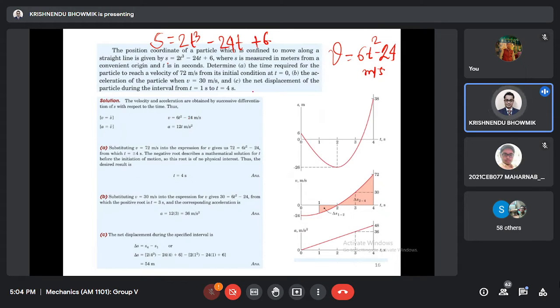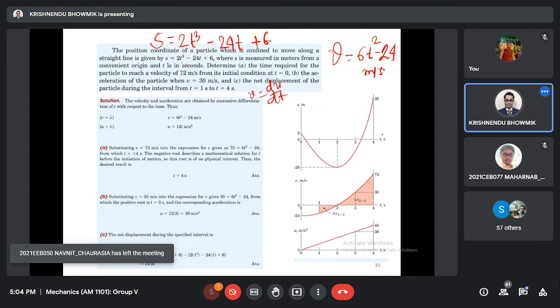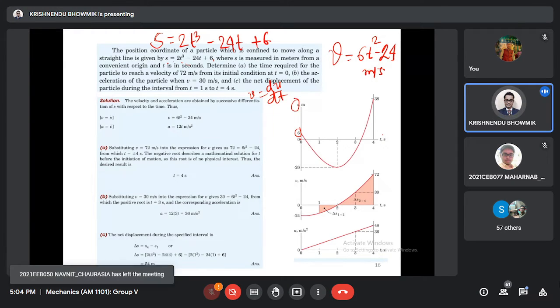Somebody can get v as ds by dt. From this you can put t equal to 0. When t equals 0, s equals 6. This will be s in meter, t in second. This is the graph, s in meter versus t in second. Or maybe when s equals 0, somebody can calculate what the t value is.